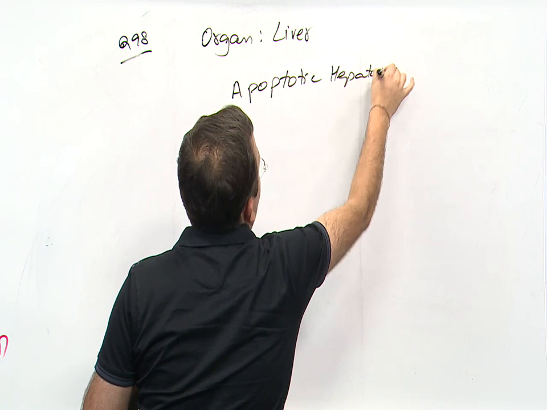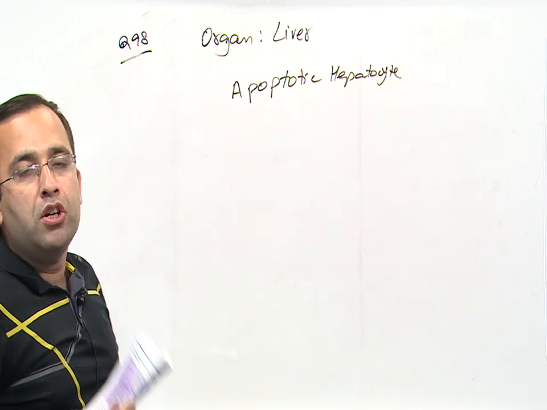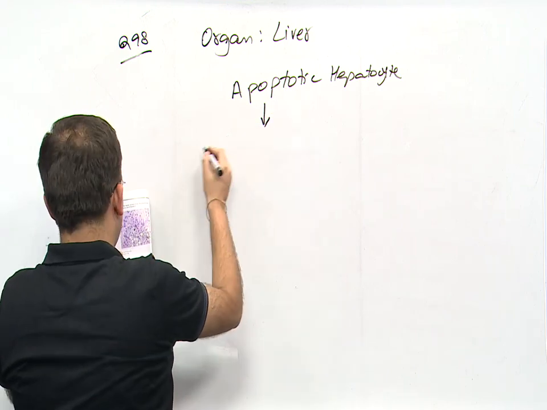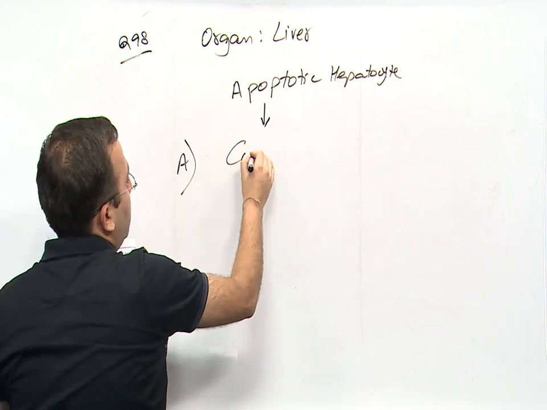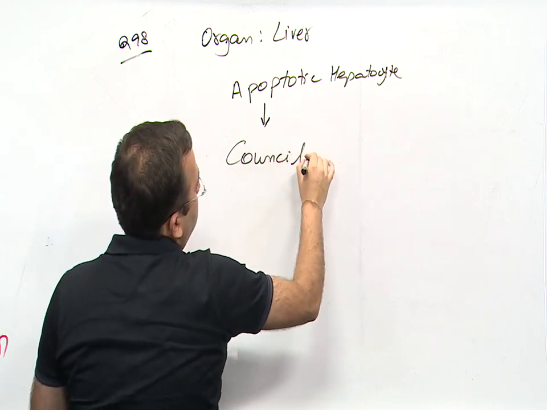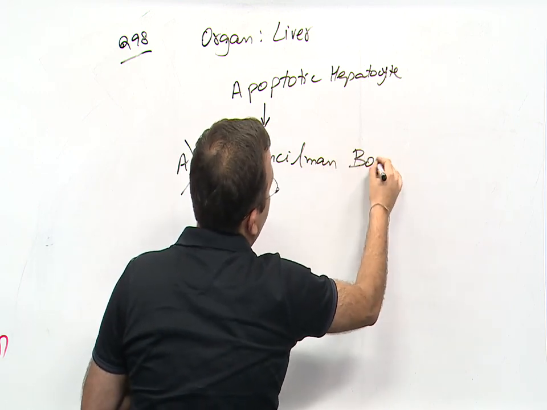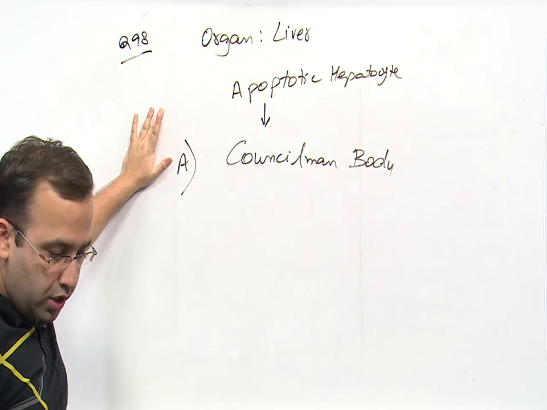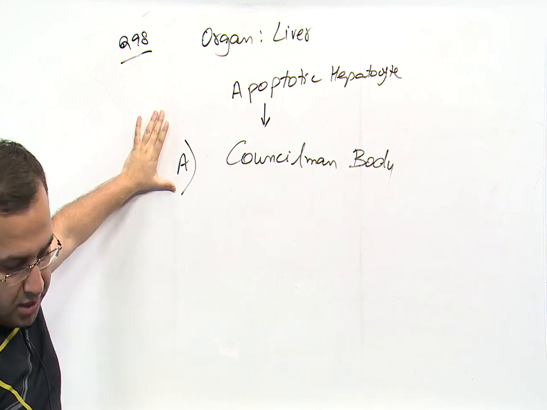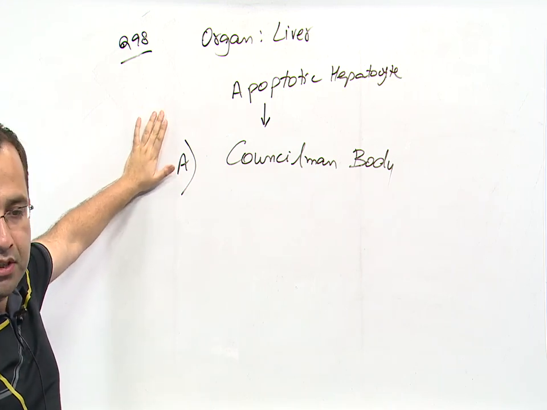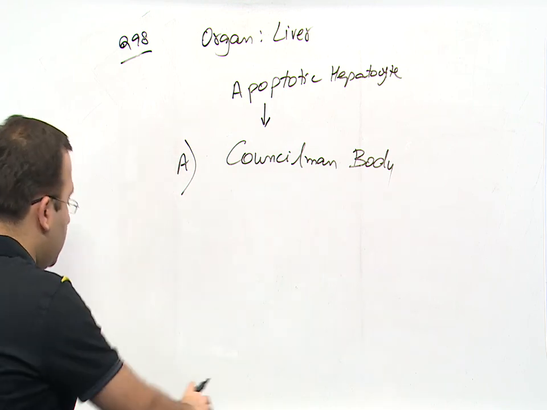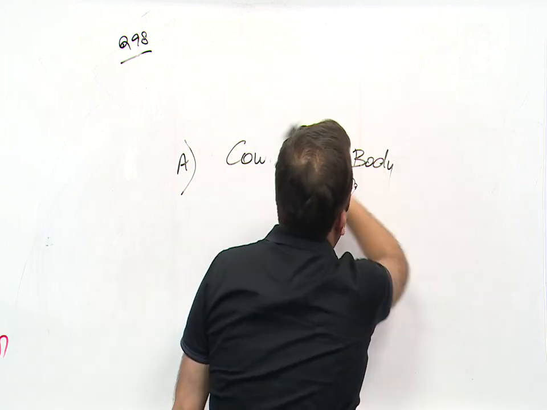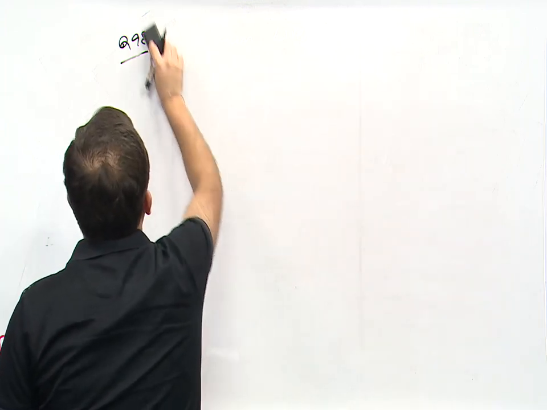What you see here is an apoptotic shrunken hepatocyte, which is called a councilman body. So the answer is councilman body. Next, coming to the next one, that is question 99.